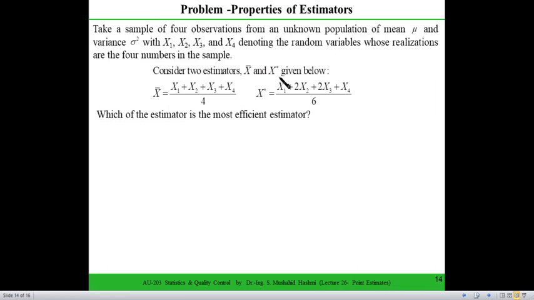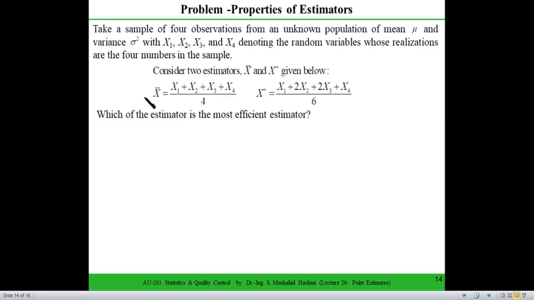So let's say we have 2 estimators from the sample, x bar and x star. The formula for x bar is to take the sum and divide by 4, whereas x star is x1 plus twice x2 plus twice x3 plus x4, divided by 6. This is the formula we have worked out for an estimator x star, which is different from x bar.